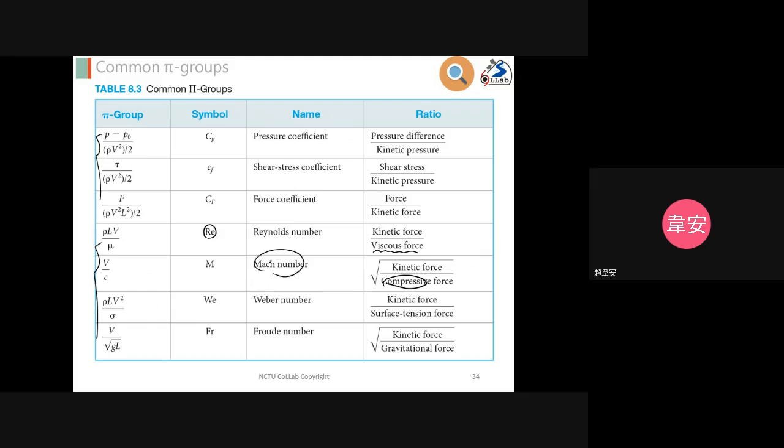And the Weber number is very useful if your problem involves the effect of the surface tension force, which usually is involved at the liquid to gas interface. And the final one is the Froude number, which will be used if your problem considers the gravity effect.